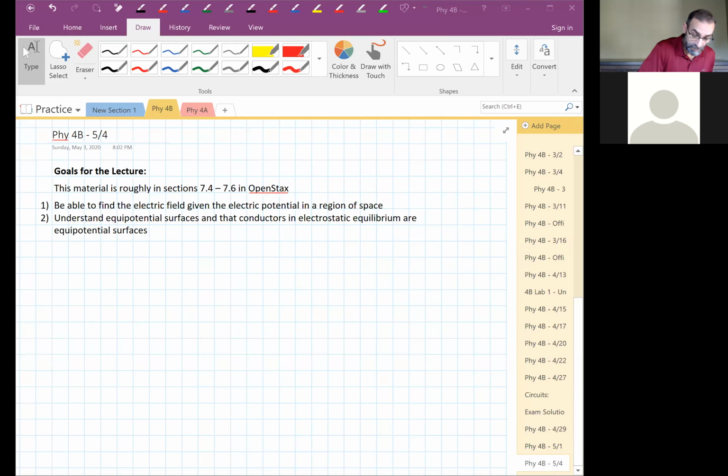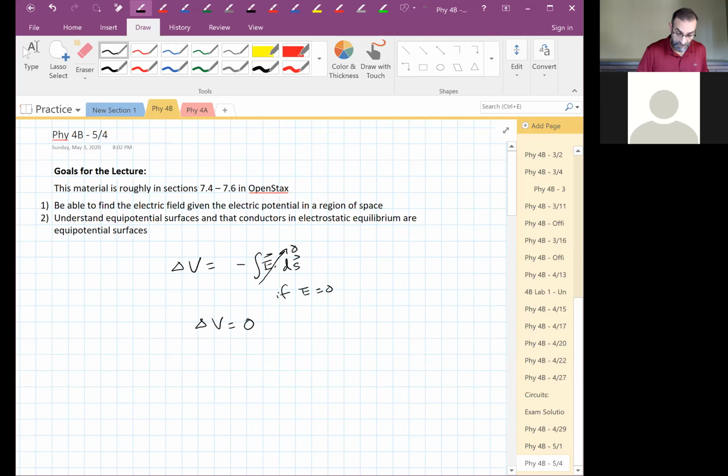So remember, delta V is negative integral E dot ds. So when E is 0, delta V has to be 0, not V.